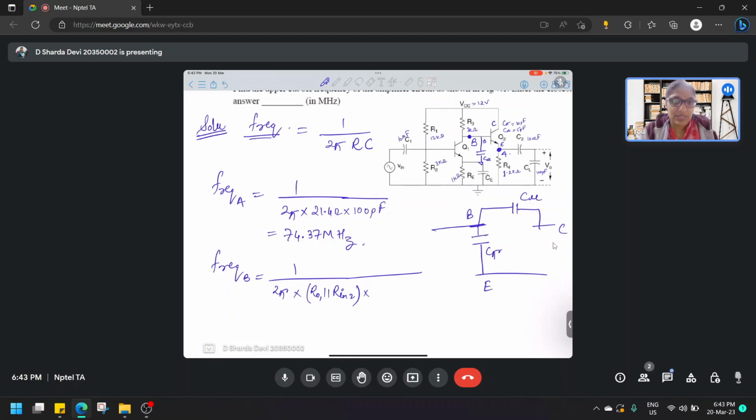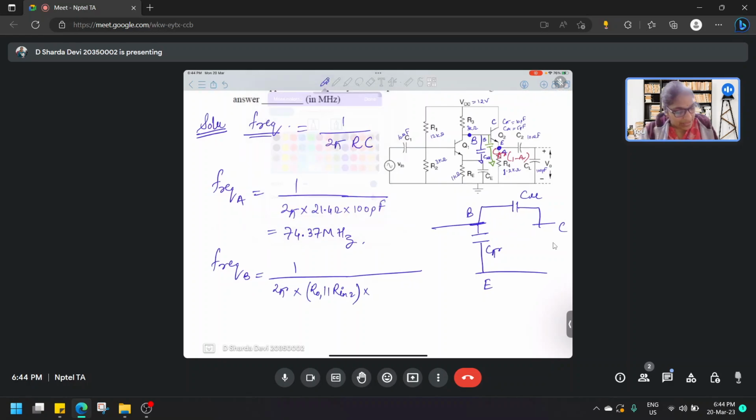Now which one is the Miller capacitor? It is actually the C pi that is appearing between base and emitter terminal, that acts as a Miller capacitor. So here C mu will appear, and in parallel to that we will have the component of C pi with 1 minus AV, that is 1 minus gain times.